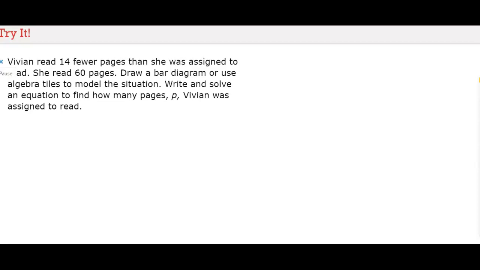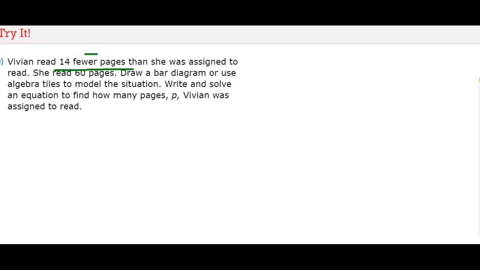Vivian read 14 fewer pages than she was assigned to read. She read 60 pages. Draw a bar diagram or use algebra tiles to model the situation. Write and solve an equation to find how many pages, P, Vivian was assigned to read. Alright, so we know that she read 14 fewer, so that tells me I'm subtracting.